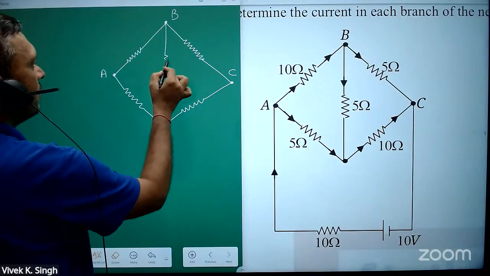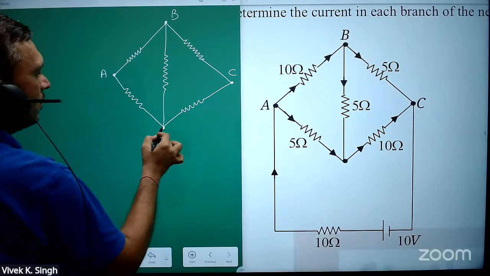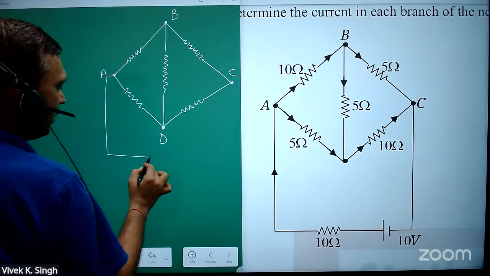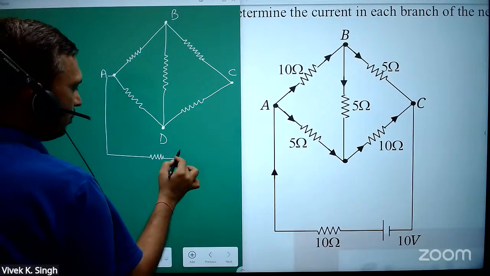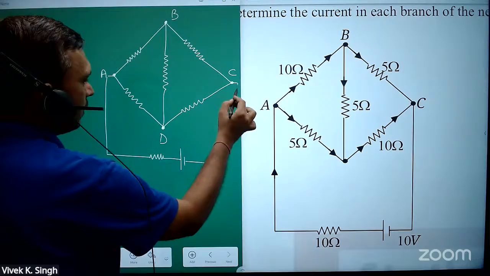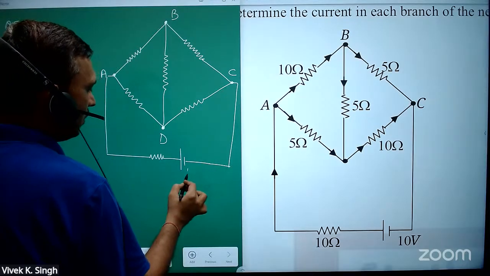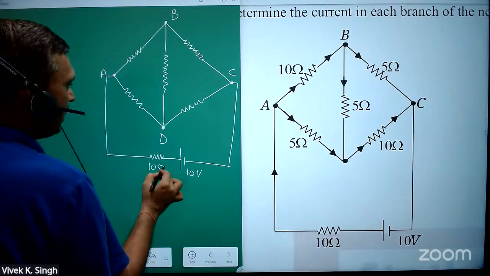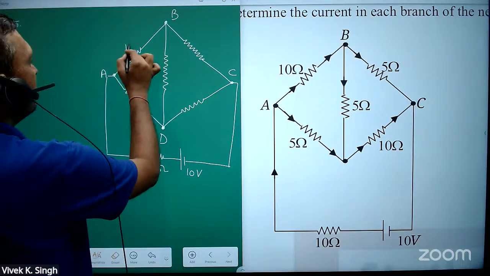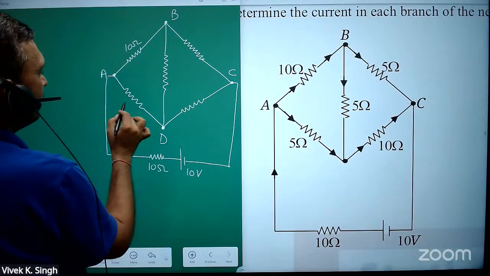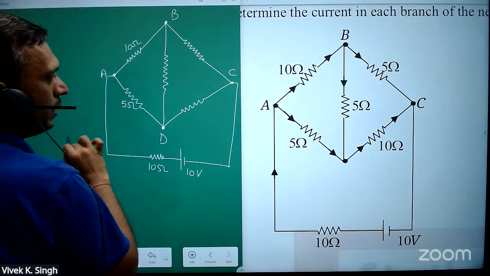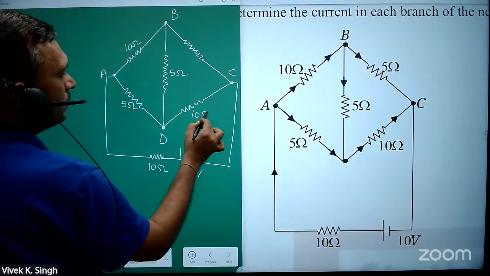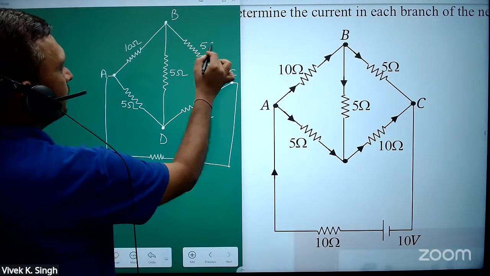And then this is 5 ohm and this is connected with 1 ohm. This will be 10 volt. This is also 10 ohm. This is 10 ohm, 5 ohm, 5 ohm, 10 ohm, and 5 ohm.